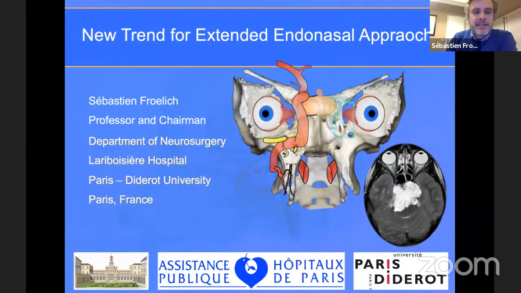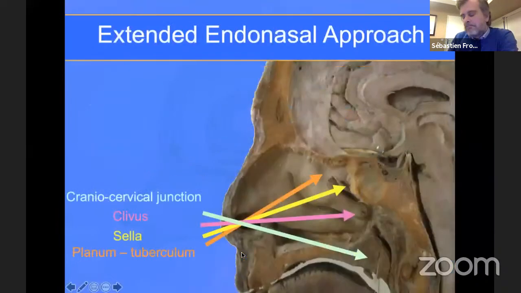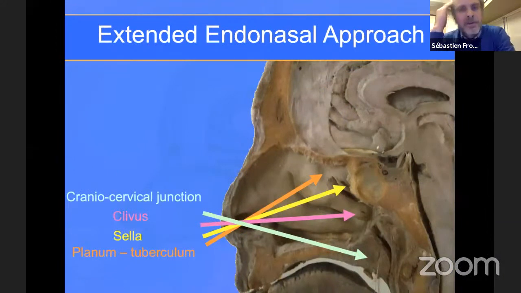Our practice is based on the extended endonasal approach quite a lot because we have a big referral for chordoma patients. So I am facing quite often large clival tumors such as chordoma, or tumors extending into the cavernous sinus such as chondrosarcoma.